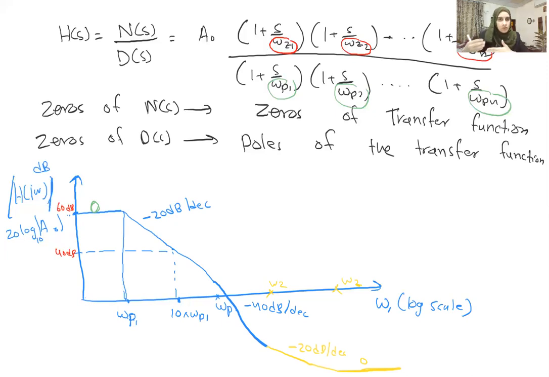Now, if you encounter any zero, your slope will be increased, so it will become positive 20, positive 40, positive 60. So you are accumulating based on the previous value of the slope that you have. And therefore, this is going to give you a picture of the behavior of your amplifier with respect to the frequency.